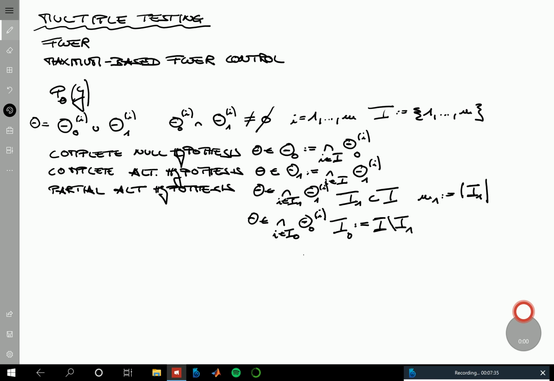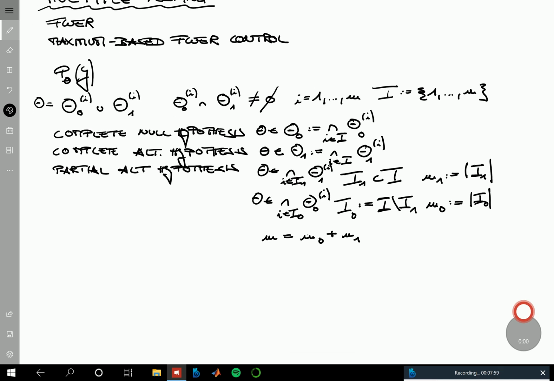And we assume that there are M0 null hypotheses, and then of course the entire number of hypotheses is M0 plus M1. Yeah, so that's what we introduce in terms of the multiple testing or multiple hypothesis scenario.